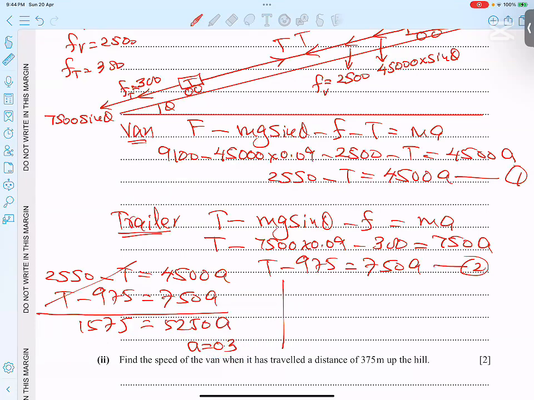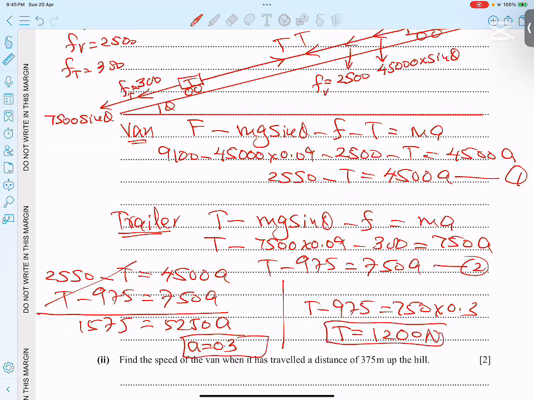Alhamdulillah Rabbil Alameen, this value I can plug into any one formula. So T minus 975 equal to 750 times 0.3. And tension, I'm getting it from here: 750 times 0.3 plus 975. I'm getting here 1200. Alhamdulillah Rabbil Alameen, we have done it.